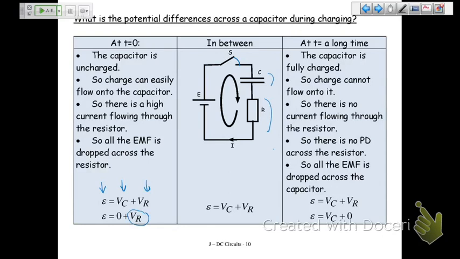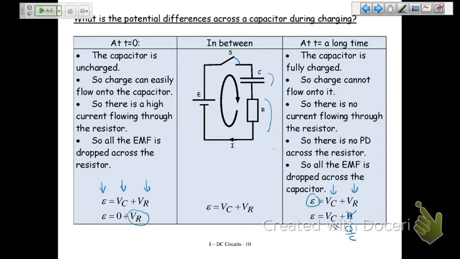And my EMF is equal to the charge on the capacitor over the capacitance. So if I look over here, my EMF is equal to the voltage drop across the capacitor plus the voltage across the resistor. I know that's 0, and I know this guy is equal to Q over C. So I put enough charge on the capacitor until the potential difference equals the EMF.